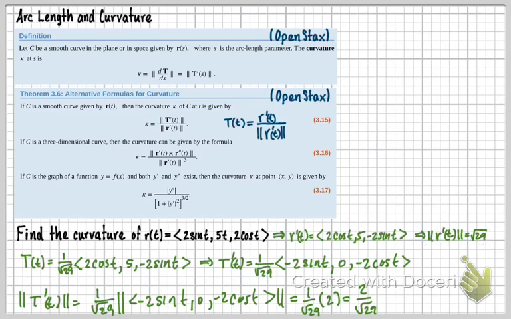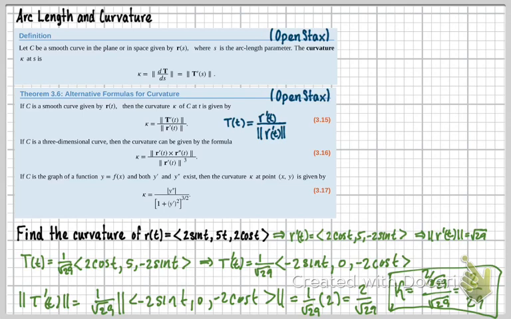So this curvature is going to equal 2 over square root of 29, over square root of 29. Because I end up multiplying those square root of 29s together, it's going to give me 2 over 29 for curvature. So there's our answer for this one here.